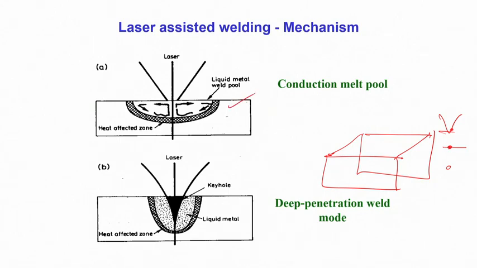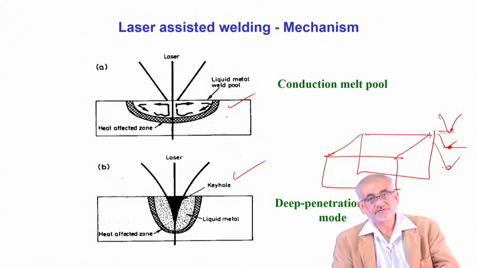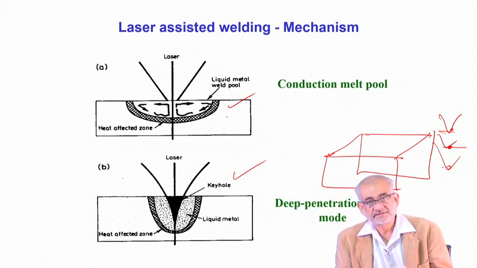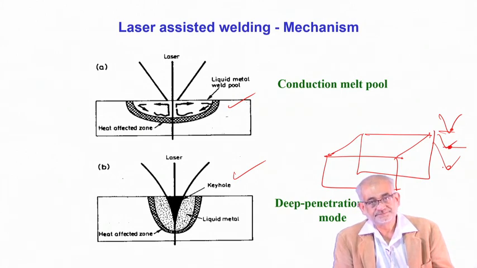If the focus is coinciding with the surface, or in particular is below the surface, in both the cases you can see a heating profile which will be fairly deep penetrating type, and that's the typical keyhole type of joining possible, particularly when the focus is below the surface. But nevertheless, one must admit that the advantage of using laser based welding is that you can do it in air.